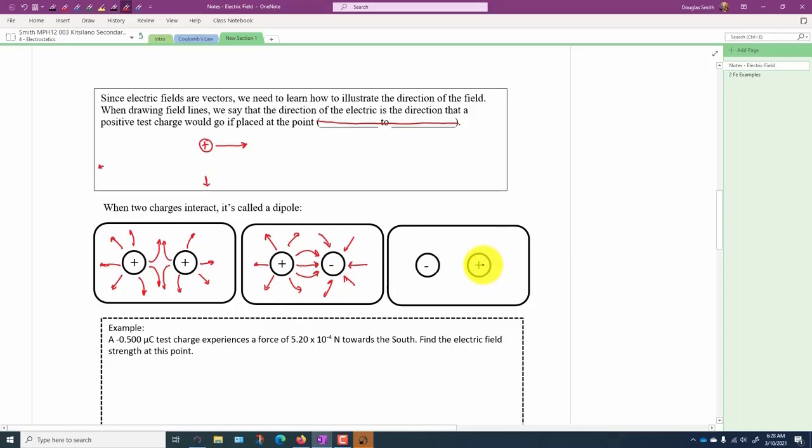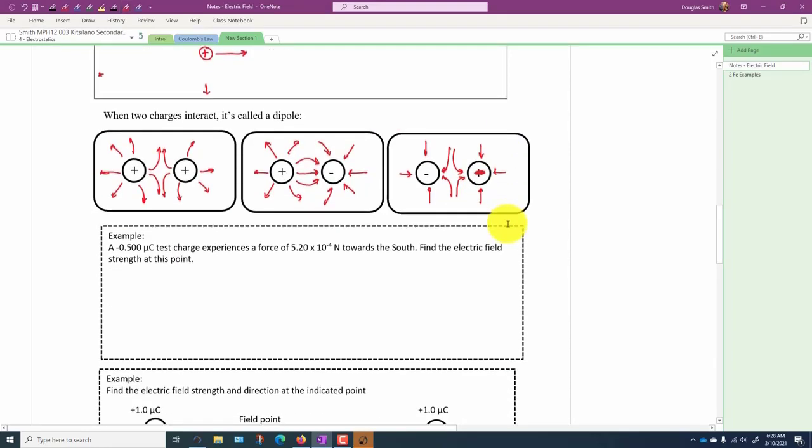And I actually meant this to be two negatives. And it's similar to the other one, like this. So again, the field lines never cross. That's a negative. Okay, that's what field lines will look like.